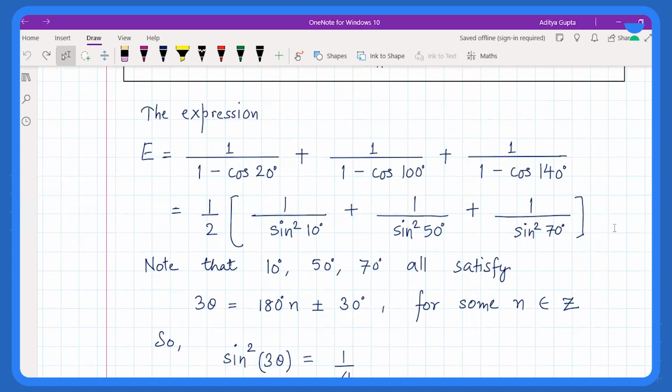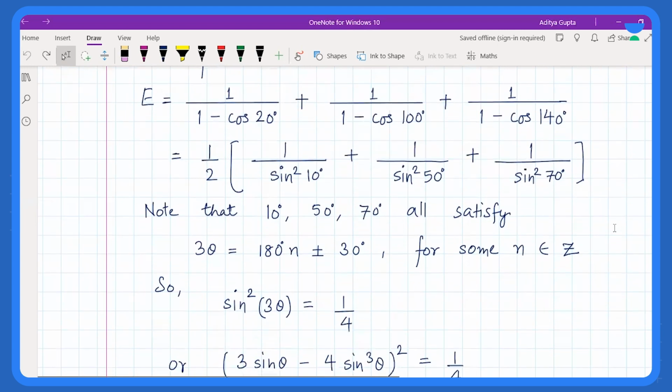Similarly, 50 into 3 is 150 degree, which can be written as 180 degree minus 30 degree, so n would be 1 and we would choose the negative sign. Similarly for 70 degree, 3 times 70 degree gives us 210, which is nothing but 180 degree plus 30 degree, so we choose the plus sign and n is equal to 1.